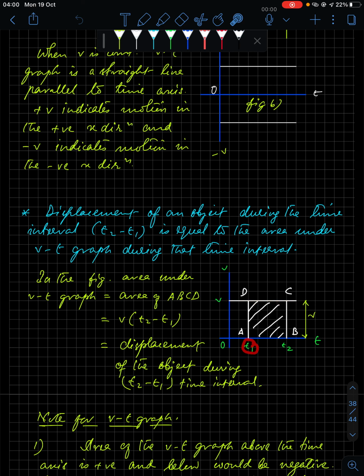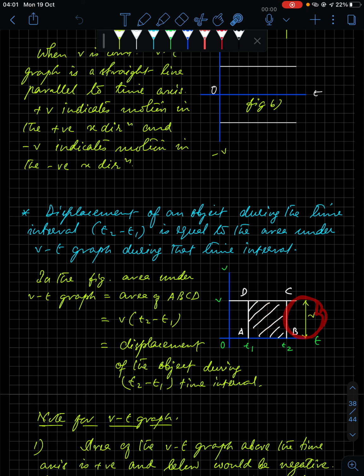If we consider two times t1 and t2, and you want to find out the displacement of the car in this time interval, then you have to find out the area under the vt graph. Say you need the displacement in this time interval, so we will be considering this particular area.